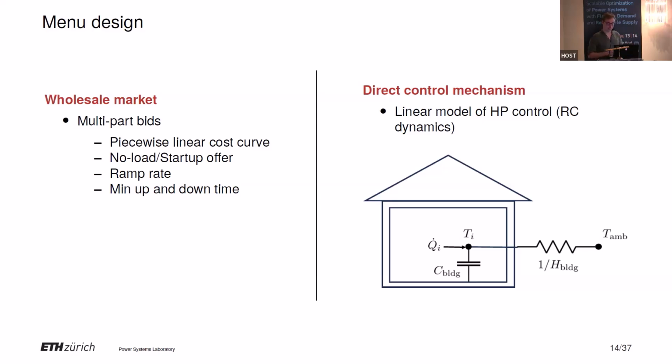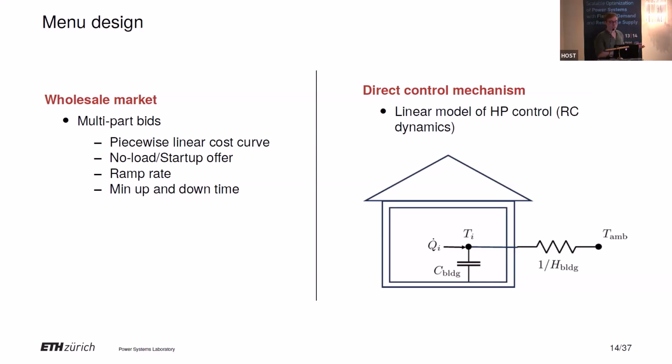So in the first place, I'm going to draw a parallel with multi-part bids. The idea is that if you know which assets are going to participate in your mechanism and you know a bit how they behave, you can have a model for controlling them that is well defined, basically with some parameters.